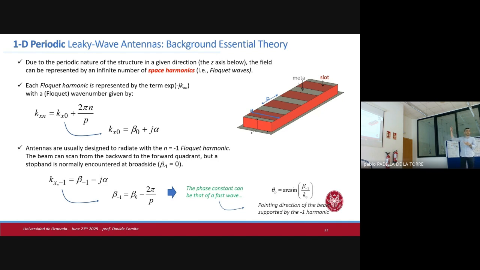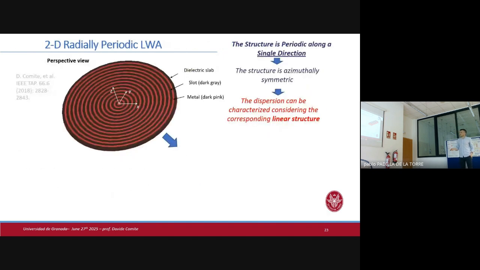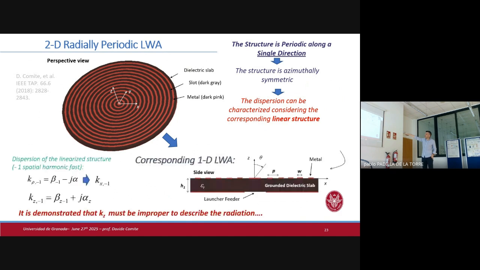Leaking out. We can also do this kind of periodicity with radial periodicity. This is a 2D Leaky-Wave antenna with a radial periodicity. Any cut you select here, you will see the same behavior as in this linear structure, so the leaky mode propagating here will be the same in this radial periodicity, just to give you an idea.